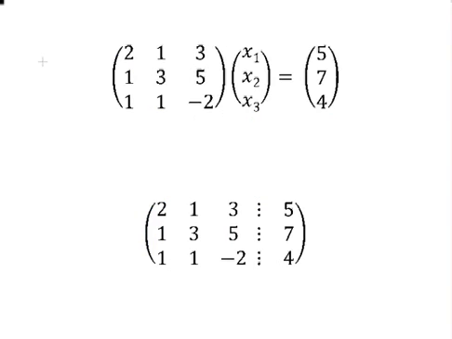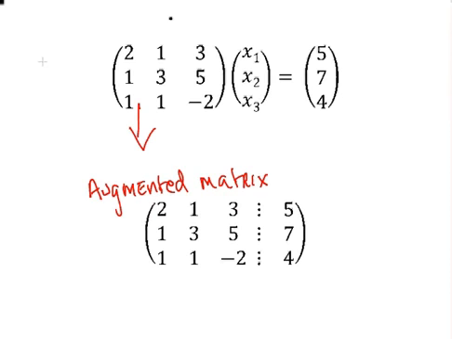So what we would do is to join A and B into a combined matrix. So this is our augmented matrix here. This is the augmented matrix. So up on top here we have A, X, and B. And here you can see we have A and B, and we've joined them together.